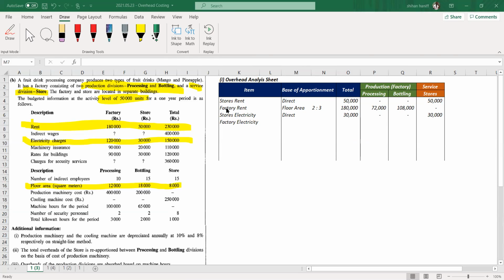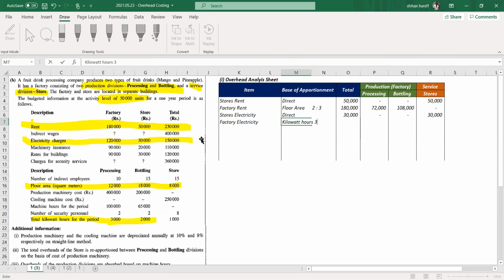Electricity we calculate from kilowatt hours. Right, so 40 kilowatt hours is given for the period, so we can use that basis, kilowatt hours.